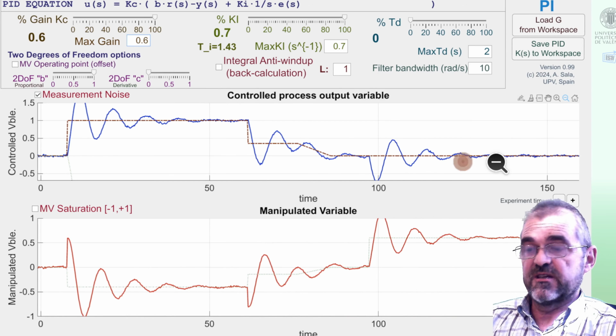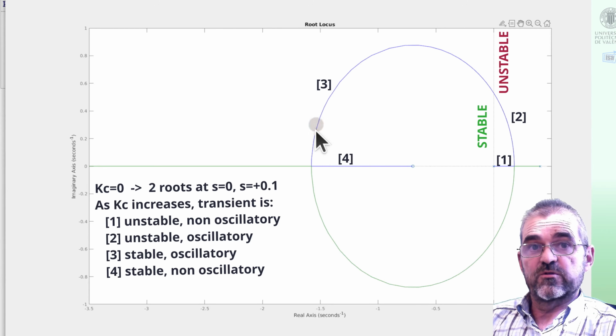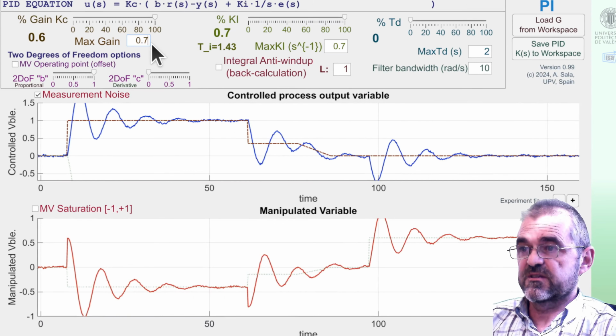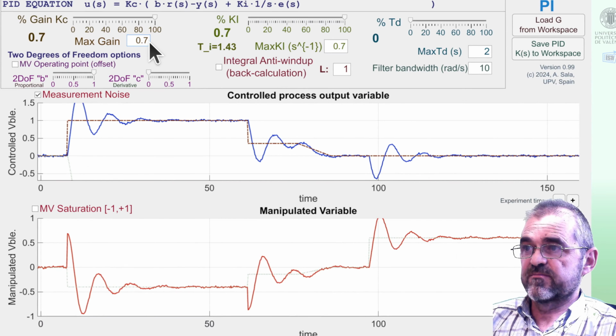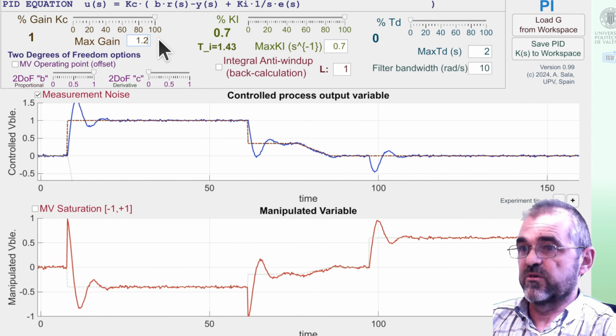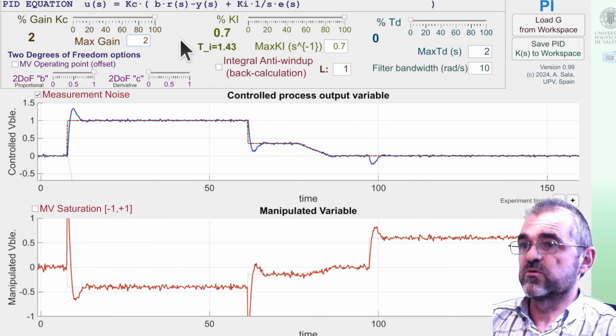stable oscillatory behavior. I will be in this region of the root-locus diagram, and if I increase more, the roots will be more and more damped until I will not be able to see the oscillations. Instead of 0.6, 0.7, more damped, 0.8, 1, 1.2, 1.8, let's say, 2, let's say.